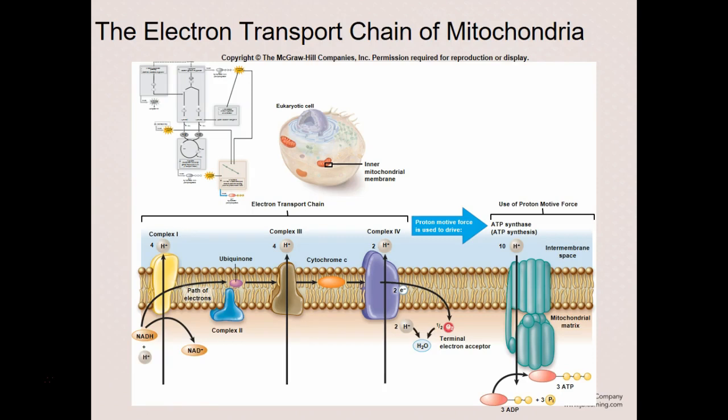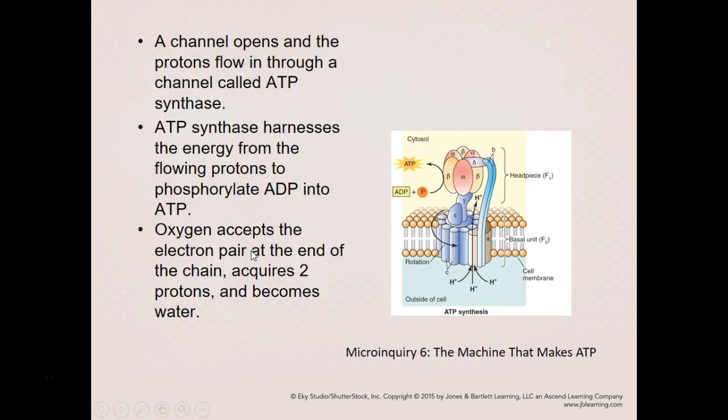In our cells, this process occurs in the cristae of our mitochondria, but in bacteria it occurs right in the cell membrane, from one side of the membrane to the other side of the membrane. And so we have this ion gradient. These ions want to move from the higher to lower gradient.